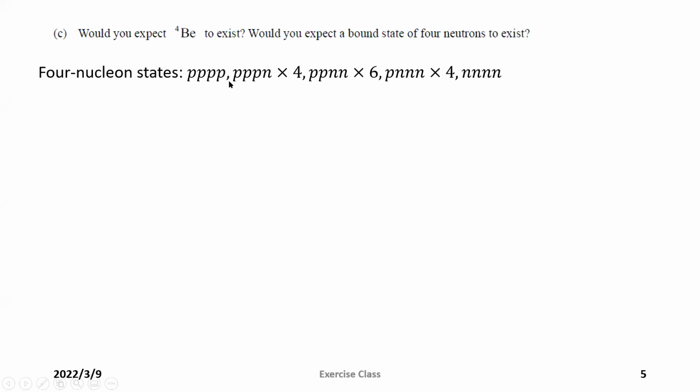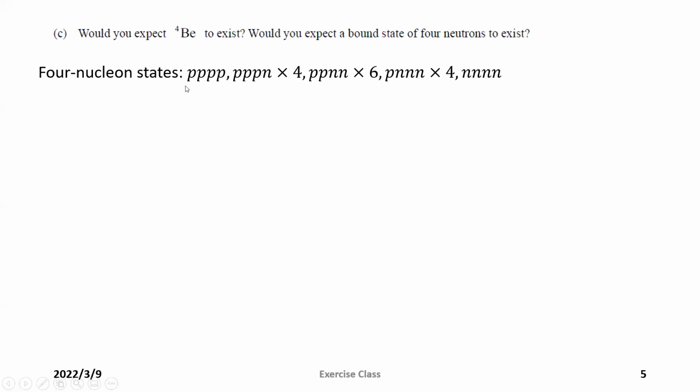So we have PPPP, and we have four possible states in which one of the protons is replaced by a neutron, and we have 6 states in which 2 of them are replaced by neutrons, and we have 4 states in which 3 of them are replaced by neutrons, and we also have 1 state which is all neutrons.